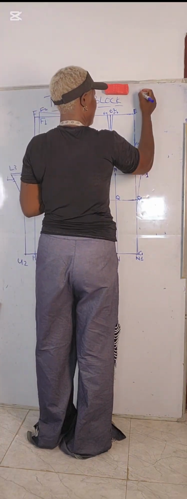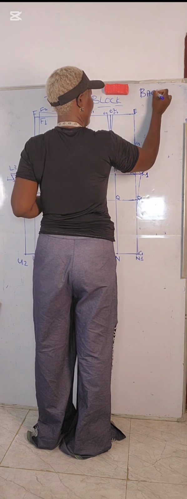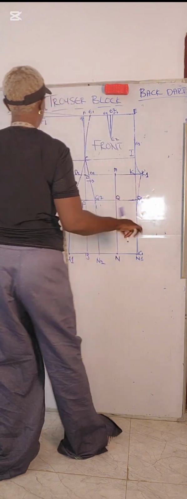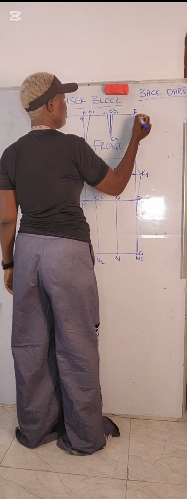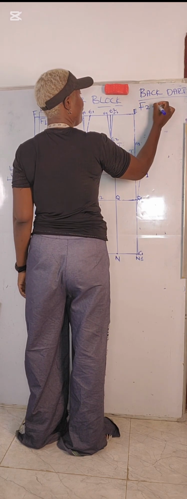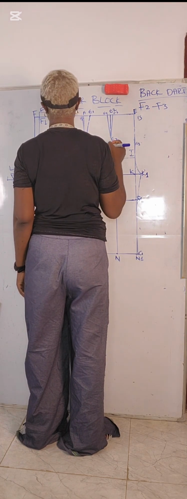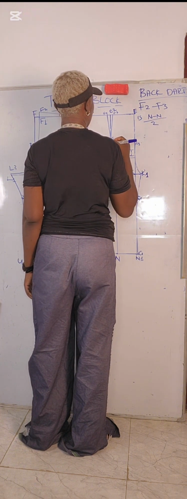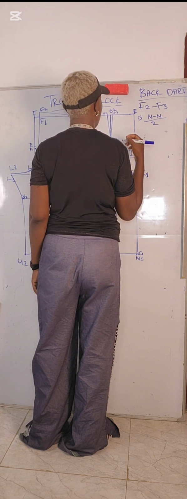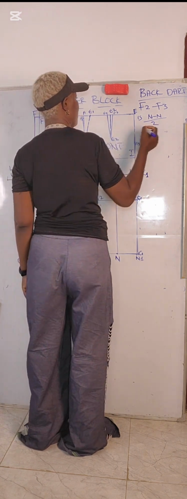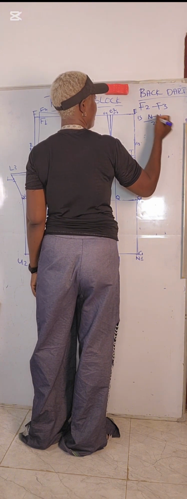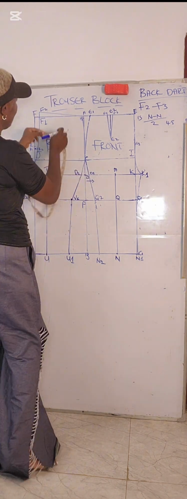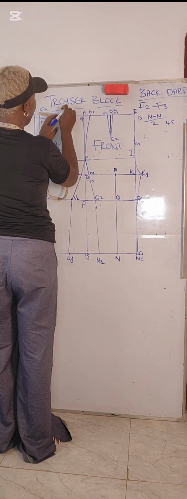So now for the dart, F2 to F3 is nipple to nipple divided by 2. Our nipple to nipple divided by 2 is 4.5. So now from here I will move in, I'll measure 4.5.